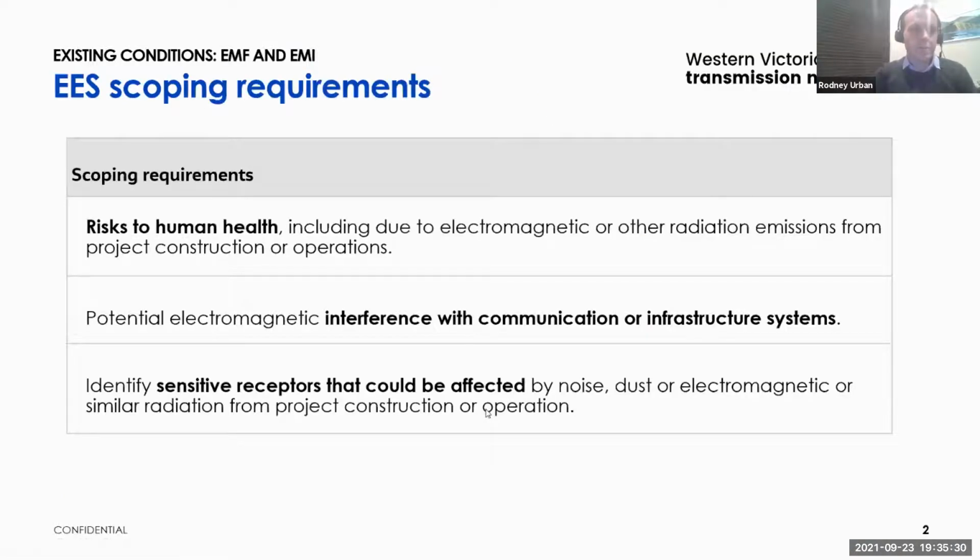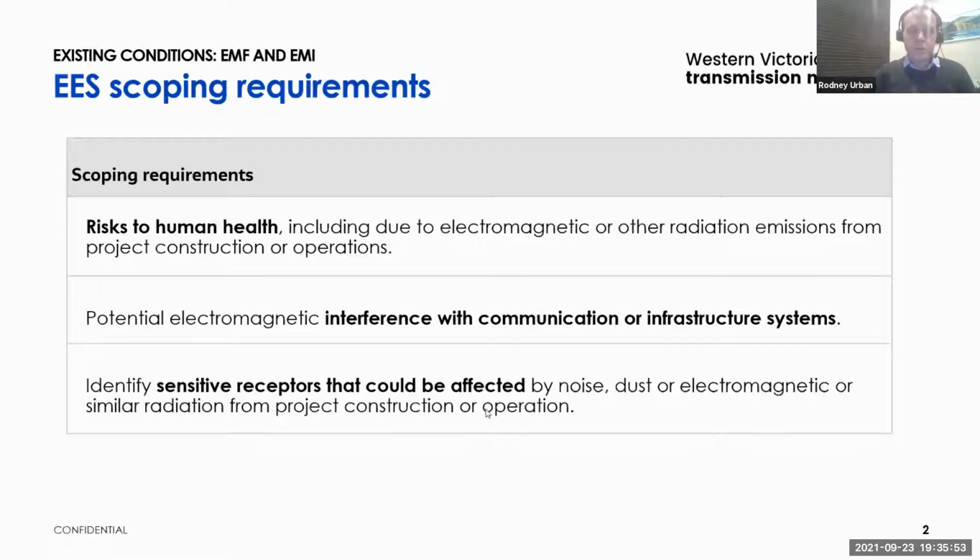Okay, so under the environmental effects statement, there are 3 specific requirements in the scope. So we're looking at risk to human health, and specifically from electromagnetic emissions from the project during construction and also the operation of the project.